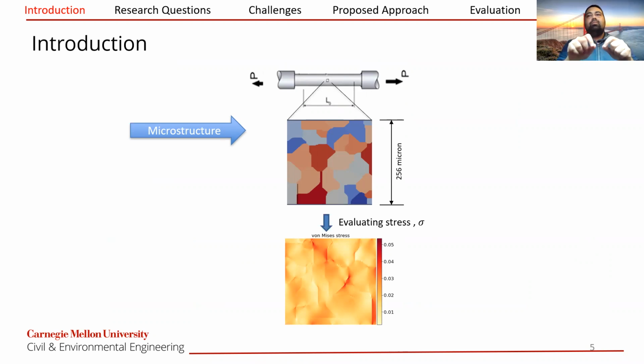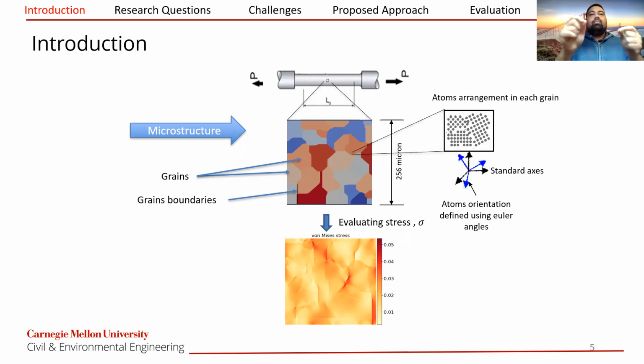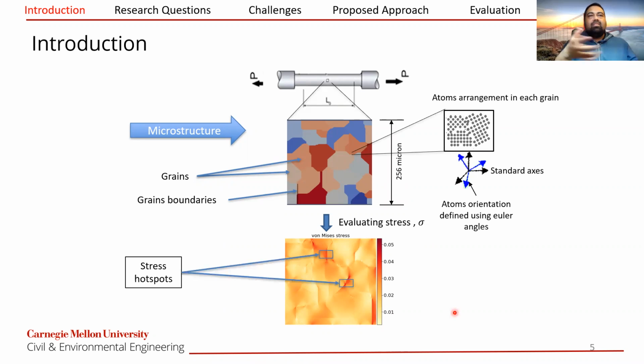In this microstructure, we have grains and grain boundaries as some of the structures. Each grain is actually a crystal, which represents the arrangement of atoms in a particular orientation or fashion. What we see here is that some high stresses are created, and in the field of material science they are usually referred to as stress hotspots.